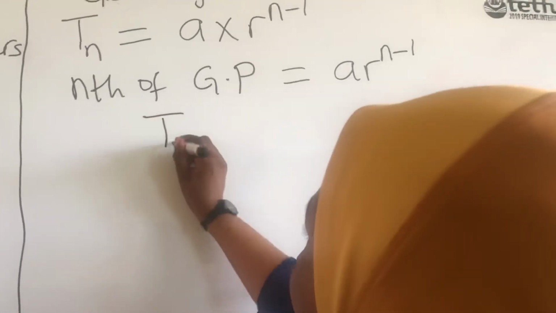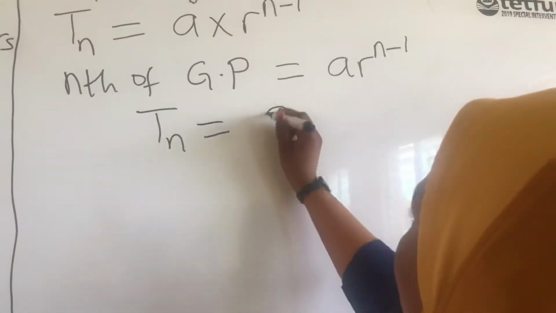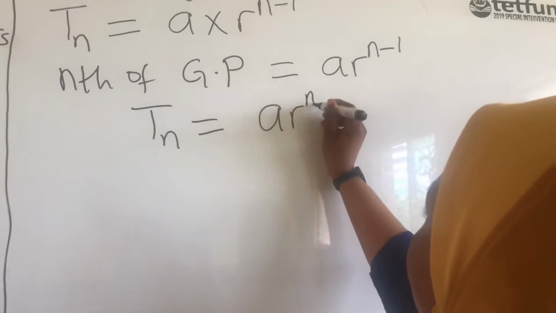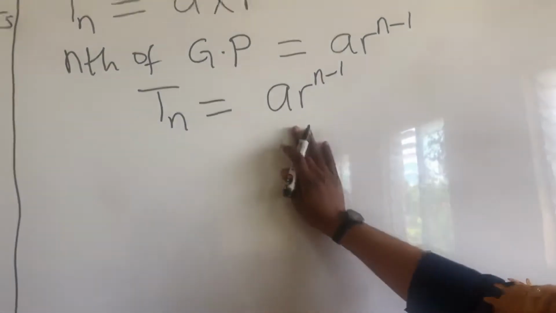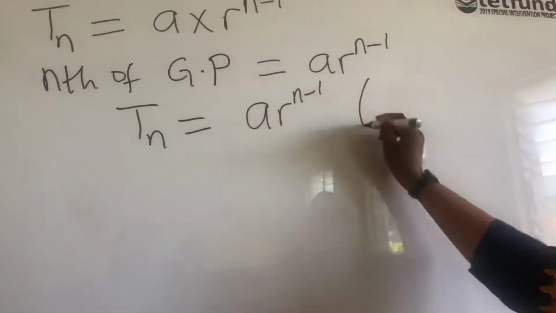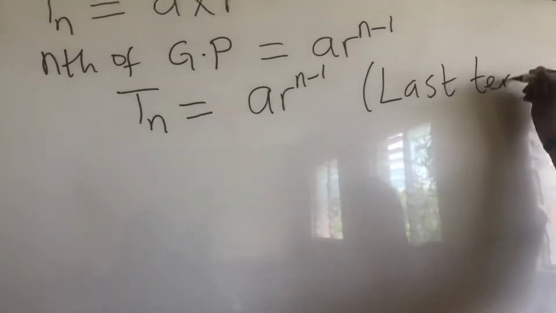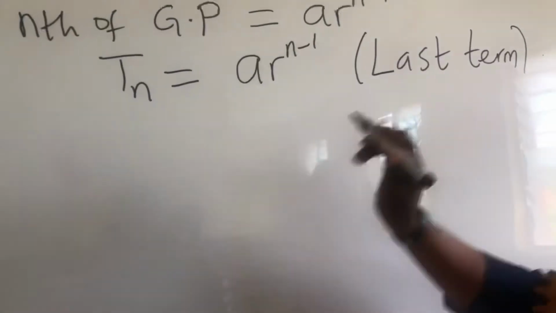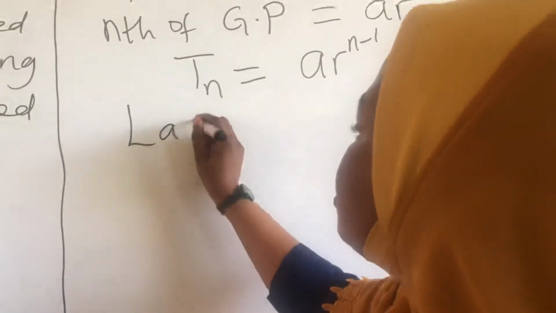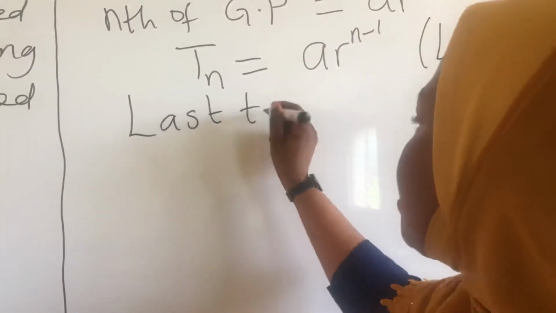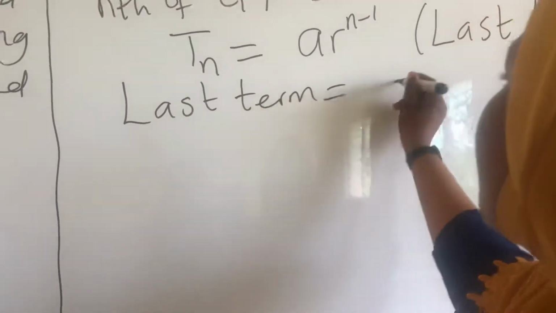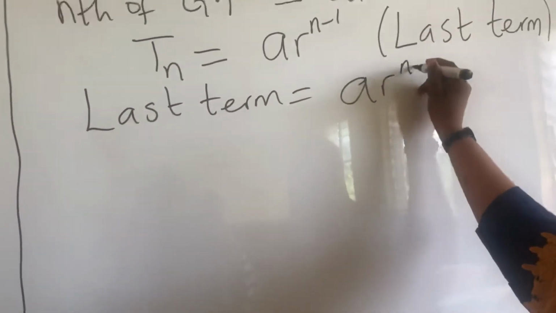So Tn, that is the nth term, is equal to a r to the power n minus 1. This is the nth term and is also the last term. So if they ask you to find the last term, you know that the formula for the last term is the same as the formula for the nth term, a r to the power n minus 1.